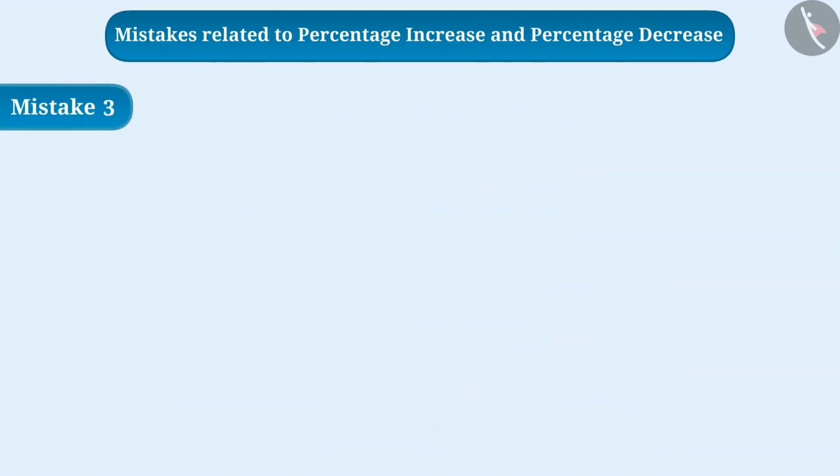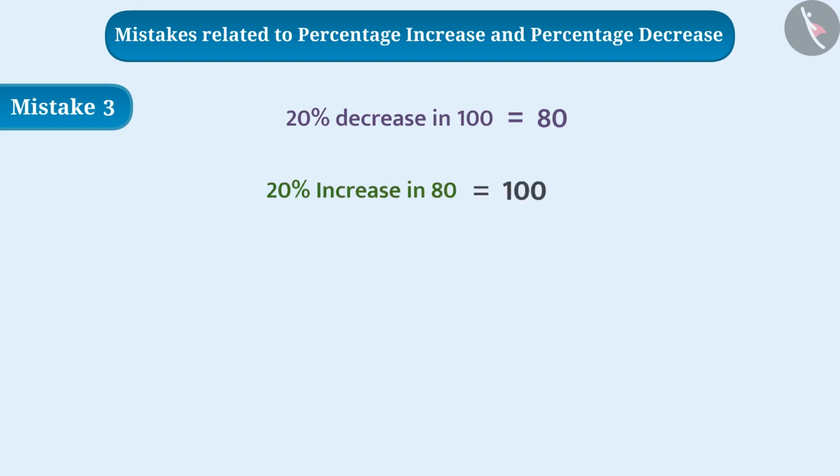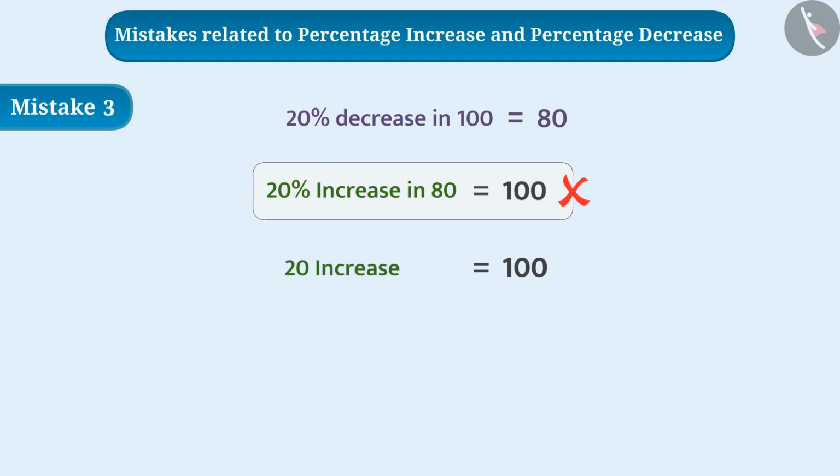Mistake 3. If there is a 20% decrease in 100, then the result is 80. Due to this, a misconception arises in children that a 20% increase will be necessary to obtain 100 from 80. But this is a wrong understanding. Here, to get 100 from 80, an increase of 20 is necessary.